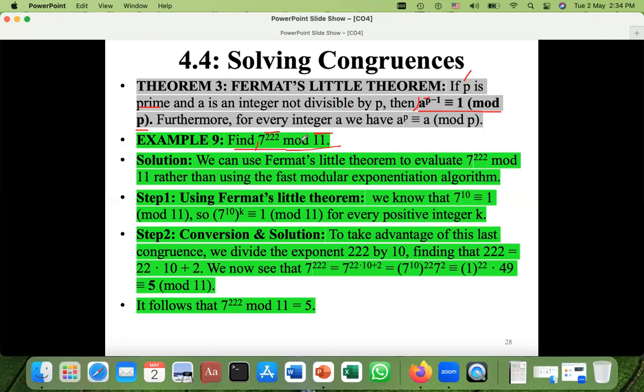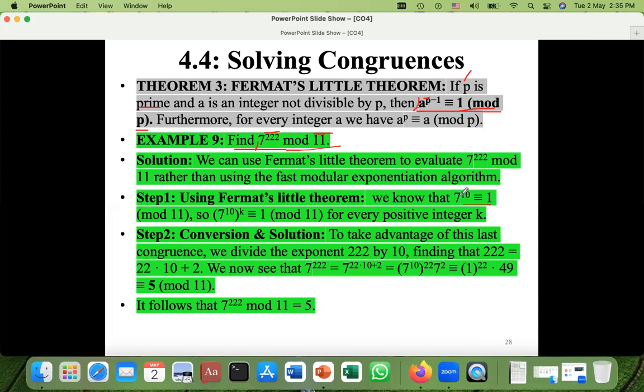You can find it, but this is a huge number, so it's not easy for me to find what is that integer. So then you can use this little theorem's format to find the solution quickly. How you can do that? By using this theorem's format, you know that this is 11, which is p. So mod 11, you can write it into that theorem form.